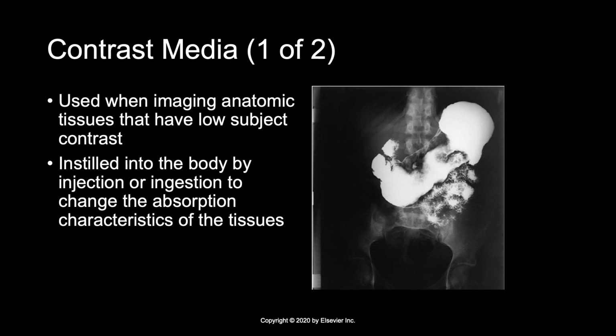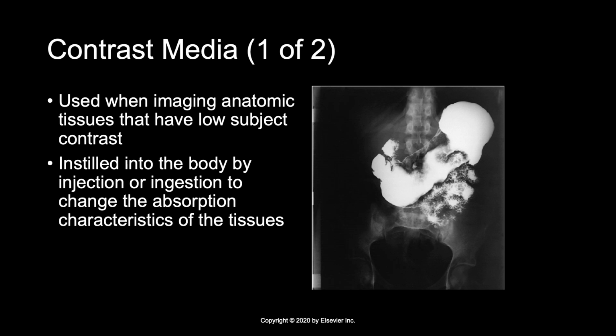The negative contrast agent, such as air, has an atomic number of 8. It decreases the attenuation of the X-ray beam and transmits more radiation than the surrounding tissues. Positive contrast agents produce more brightness than the adjacent tissues around them, and negative contrast agents produce less brightness than the adjacent tissues around them.